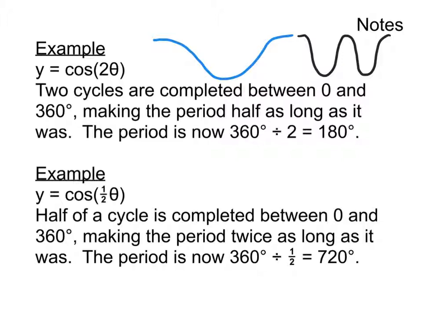When we multiply by a half, it actually stretches it. This is actually kind of like our shift left and right. Remember when we shift left and right, minus goes right and plus goes left? It's kind of backwards from what you would expect. The same thing happens with the horizontal stretches. Multiplying by 2 actually shrinks it in, and multiplying by a half actually stretches it out. So some interesting little details that come along the way there.